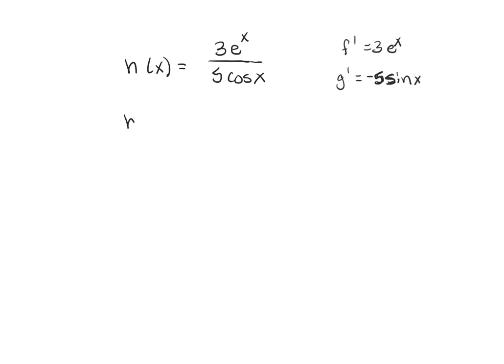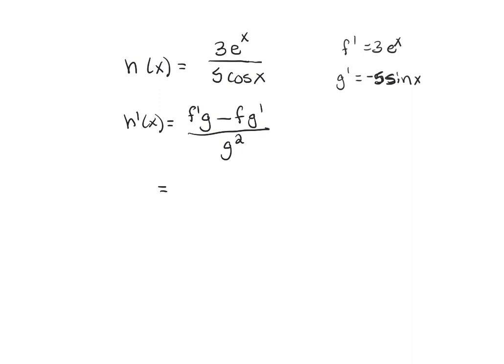So now, the derivative of h, I'm going to write it again. Derivative of the first times the second minus the first times the derivative of the second over the second squared.